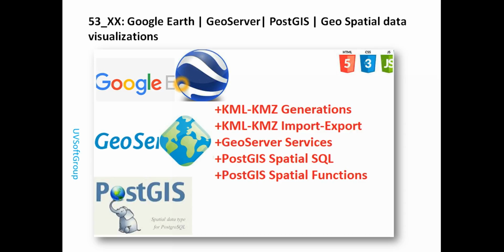That means you have geospatial data in the database, you produce the services, use the services, and then from the service level you just export KML or GML or other formats, or you can even directly produce the KML file out of the PostGIS database.